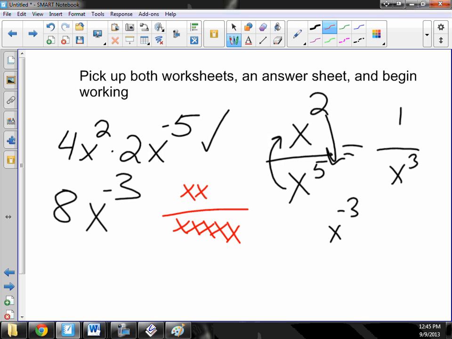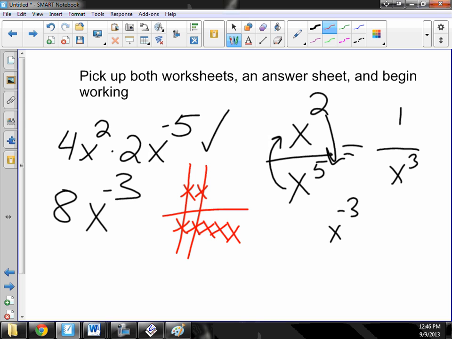So what is x over x? 1. So we just create a 1 from those two x's. X over x is 1. So the 2 on top cancel 2 of those on bottom. And we subtract. We had 5 to begin with in the denominator, and if we subtract them, we knock 2 of them out, and we end up with x to the third.